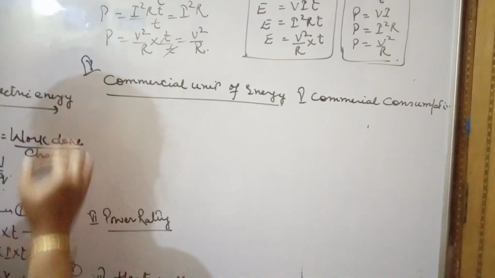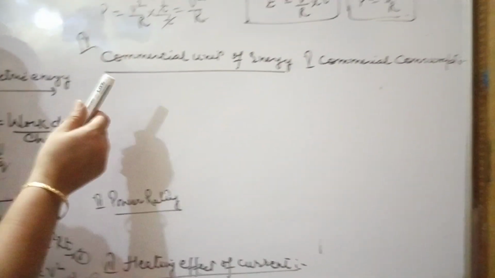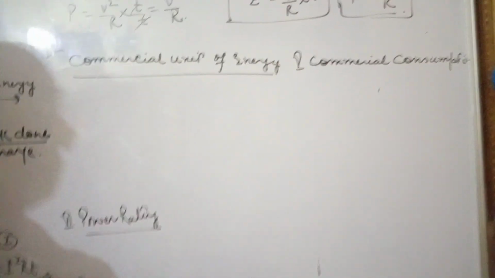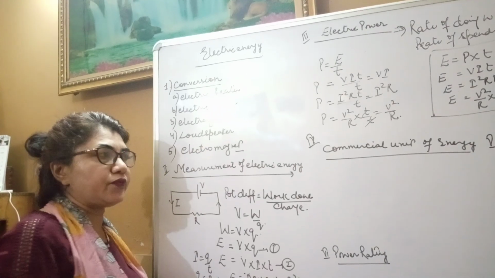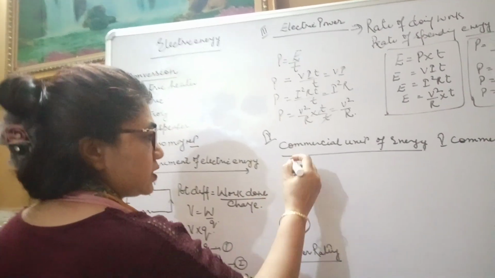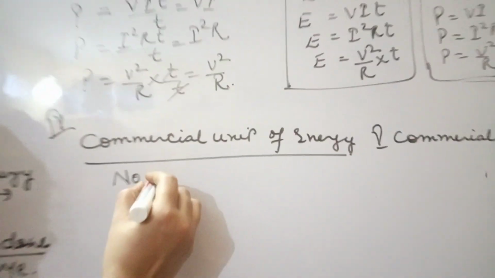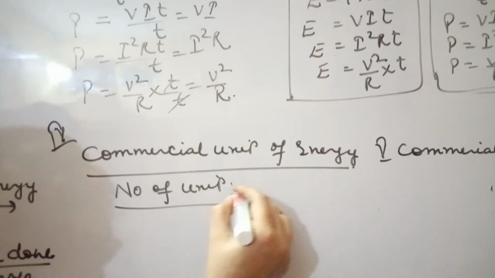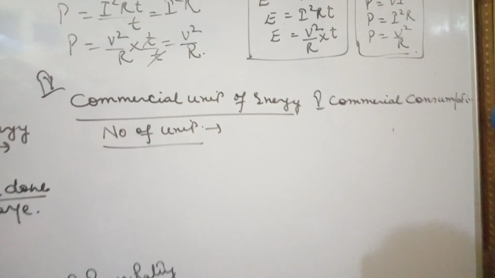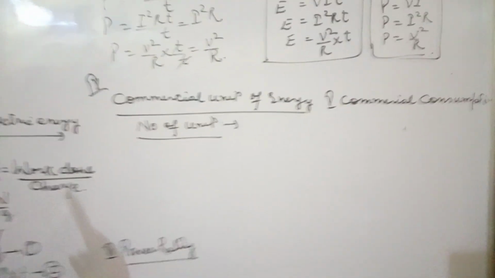So next is the main important thing: the commercial unit of energy. Generally you get the electricity bill after 1 month or 2 months. If you observe keenly, there is a number of units consumed written on your electricity bill. Now today I will tell you what this unit is.